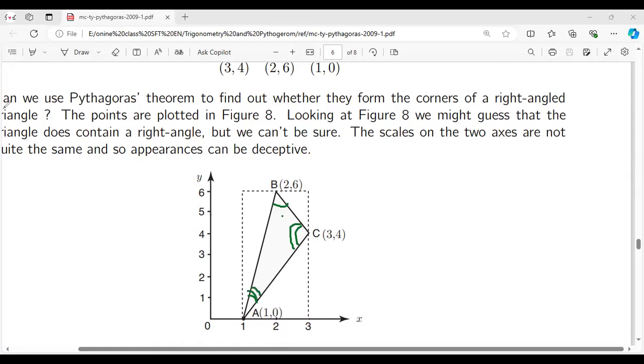However, what is the use of the Pythagoras theorem in this case? Why do we need to use the Pythagoras theorem in the Cartesian geometry questions? Now you can see we can actually find out this length, the length from B to C. How do you want to do that?